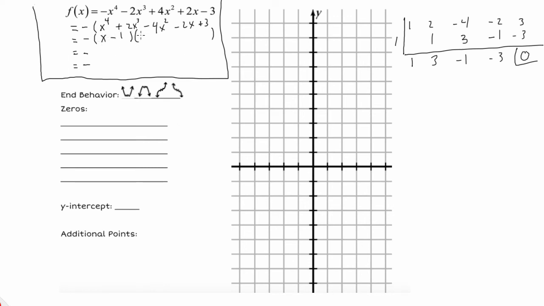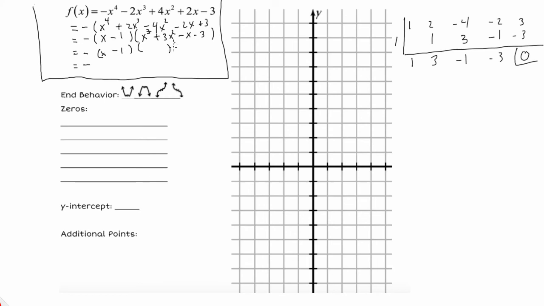And then the other factor is x cubed plus 3x squared minus x minus 3. And then I'm going to drop down the x minus 1.